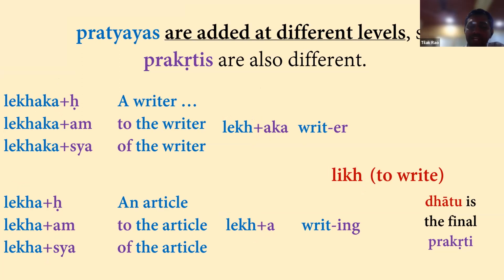The pratyayas which are added to dhatu are considered a different type of pratyayas. The pratyayas which are added at the second level, for example in lekhakaha, lekhakam, lekhakasya, after adding a pratyaya to dhatu, at the second level we are adding another pratyaya. So these are considered different pratyayas. There are different types of pratyayas, and different types of prakritis.